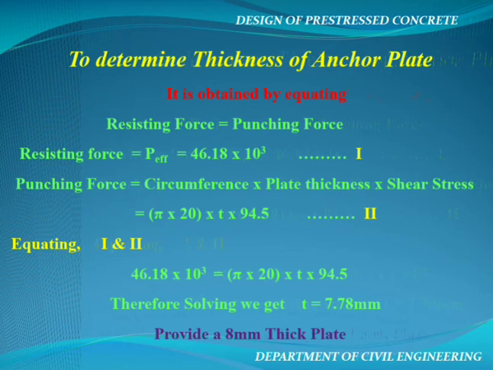Then plate thickness is unknown and the shear stress is given. So by simple substitution and equating equation 1 with 2, we can obtain the thickness of the plate. Further, you can round off to the next value. Generally 8 mm, 10 mm, 12 mm thick plates are available.